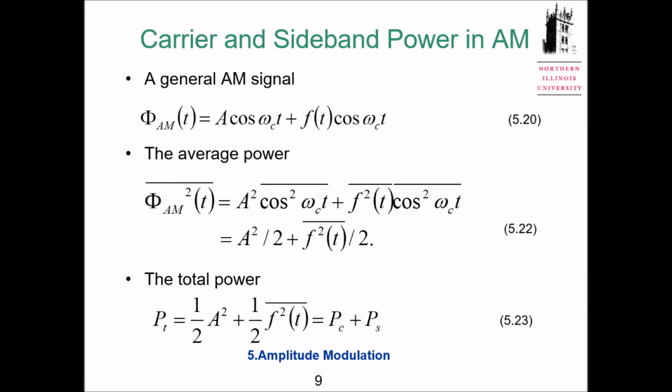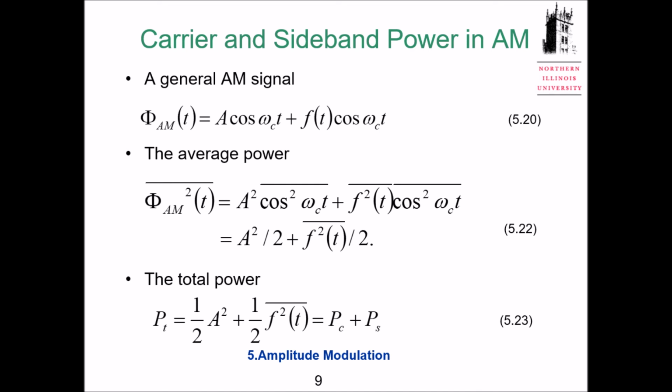The first part we get half a squared. The second part we get half your signal's power. So half came from this part. Total power will be half a squared plus half the signal's power.